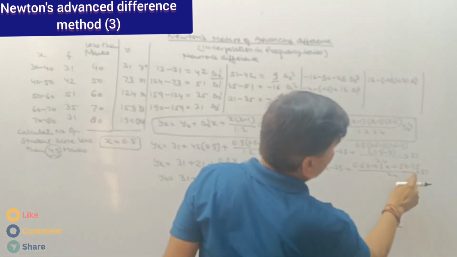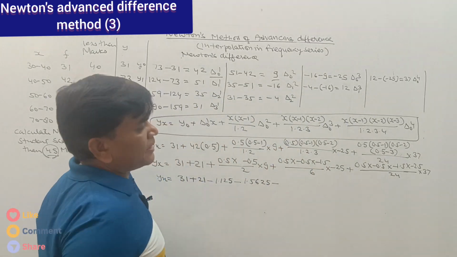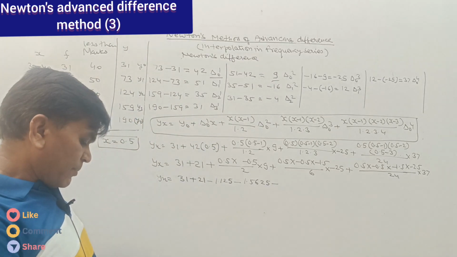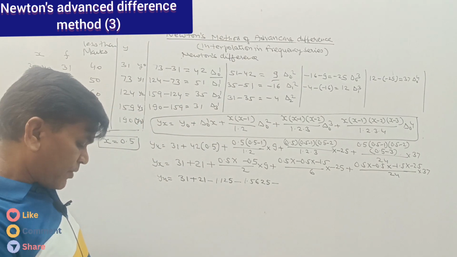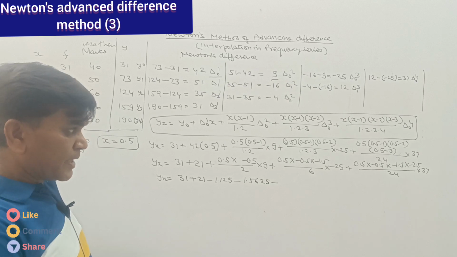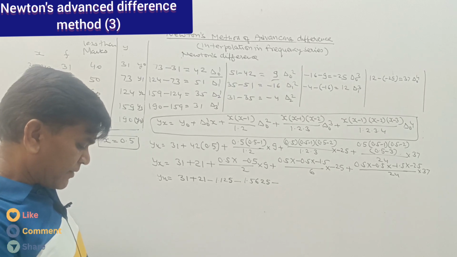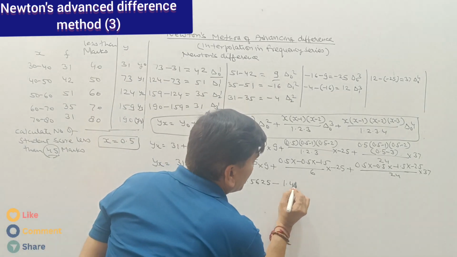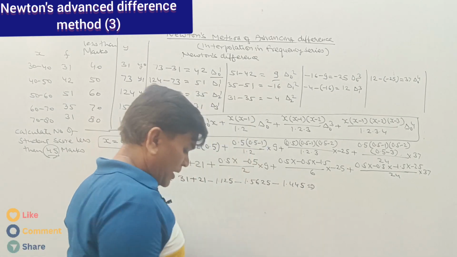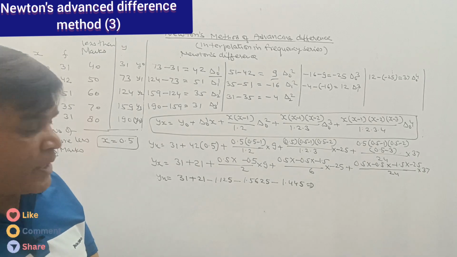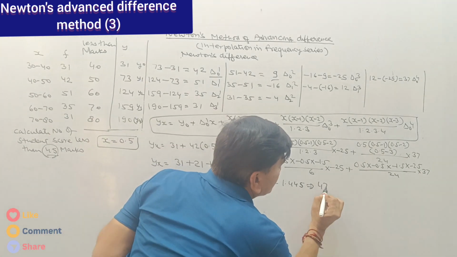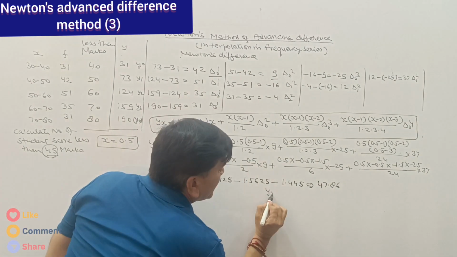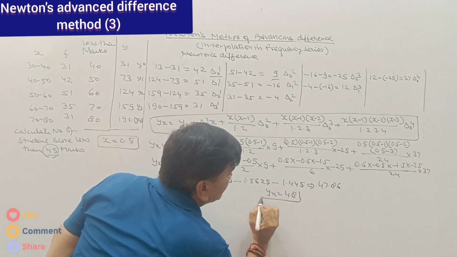Then 0.5 multiply 0.5 multiply 1.5 multiply 2.5 multiply 37 divided by 24, that is minus 1.445. So the remaining value will be 47.86, or we can say y-x is equal to 48.